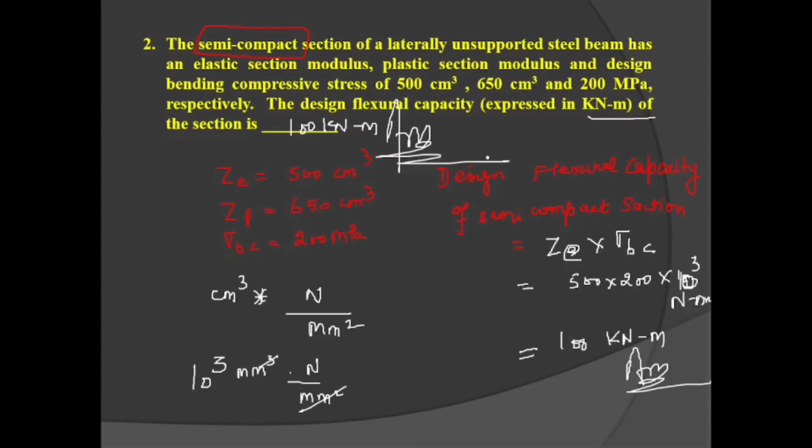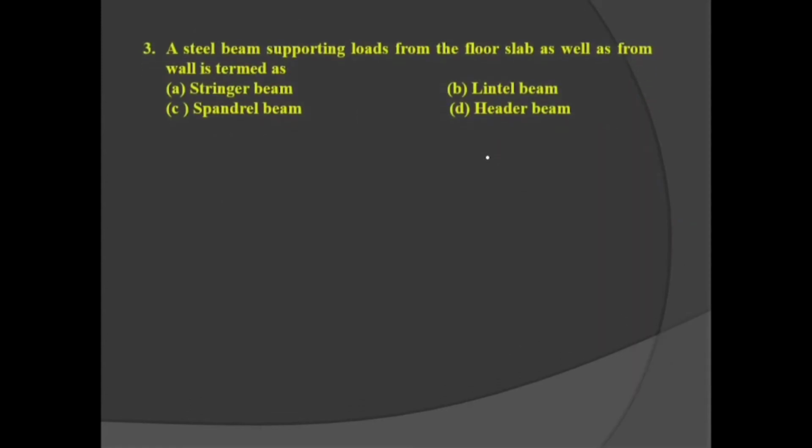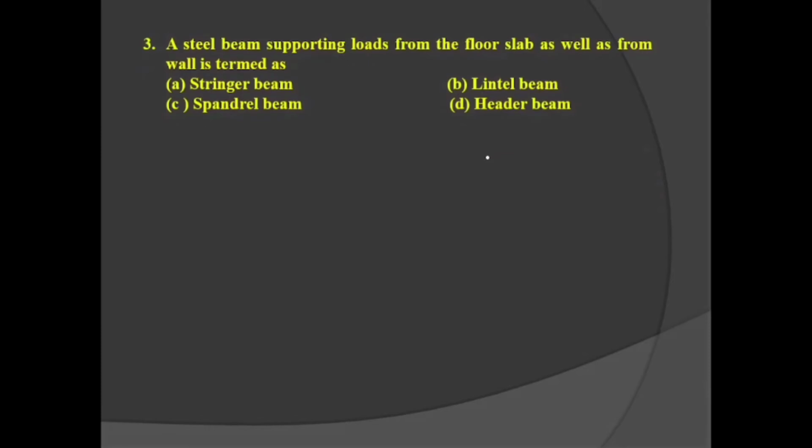Okay, second question done. Now third question: a steel beam supporting the loads from the floor slab as well as from the wall is termed as? This type of question I discussed very clearly in our theoretical discussion.